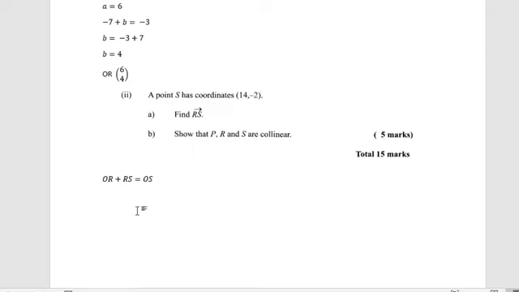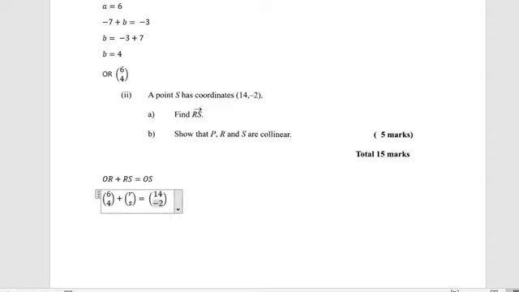So what that will give us is OR, which is 6 and 4, which we just found above, plus RS, which let us write as R and S, and that is equal to the point S, which is the same as OS, which is 14, -2, because remember they're coming from the origin.